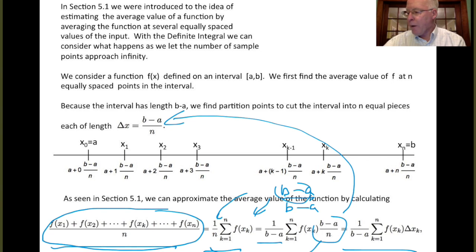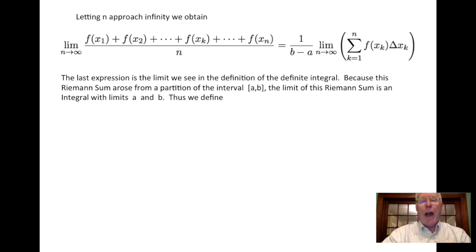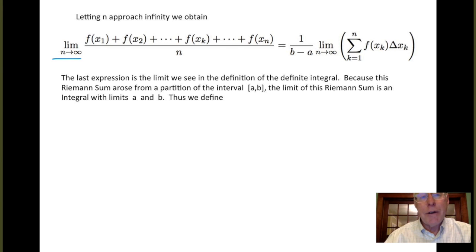Now, if we decide we can get a better reading on the average by taking more points, let's see what happens when we let n go to infinity. If I take the limit as n goes to infinity of all this, here's the limit of the average, and we can do that by putting a limit in front of this sum.